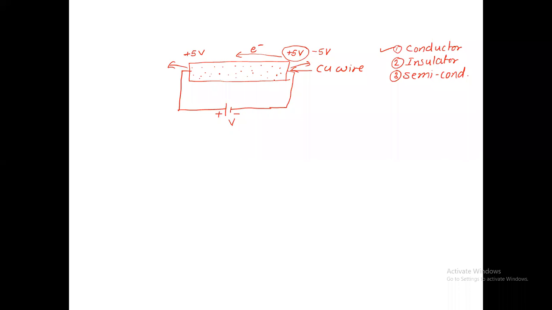Because the potential difference exists, this end acts as a negative terminal and this end acts as a positive terminal, so that electrons always move from the negative terminal towards the positive terminal, so that the current can start its journey always from the positive terminal of the external battery through the copper wire, exactly opposite to the direction of flow of free electrons, and the same current will return to the negative terminal. So this is the conventional direction of current.